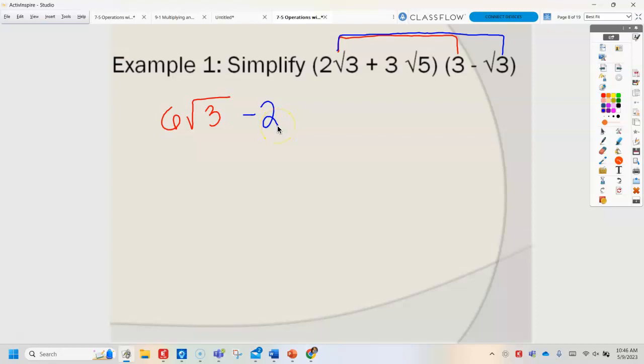But the square root of 3 times the square root of 3, which is what we learned yesterday. If you have the same square root times itself, the square root fades away and it becomes the number 3. So 2 square roots of 3 times -√3 becomes 2 times 3.